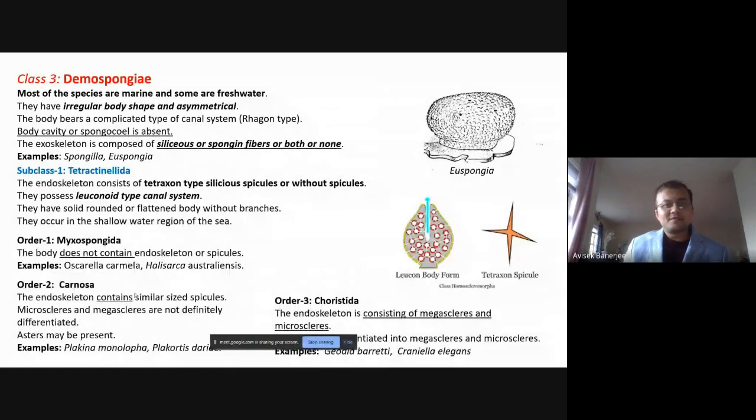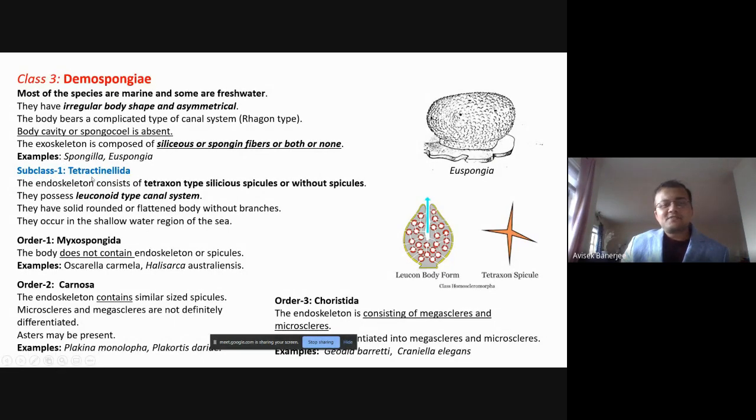But if you asked a very specialized person who has spent years of research in Porifera, probably these are not overlapping. These are very separate and distinct features. Anyways, at least when I was a student like you, it was very difficult for me to understand and remember. But I'll try to be as clear as possible.